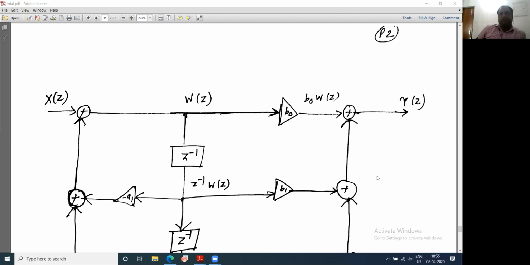If you add 2 times, it is a multiplication by 2. If you add 3 times, then it will be multiplied by 3, like that. Therefore, any digital system could be realized using only an adder and a delay; nothing else is required. So this is the major advantage of digital signal processing.